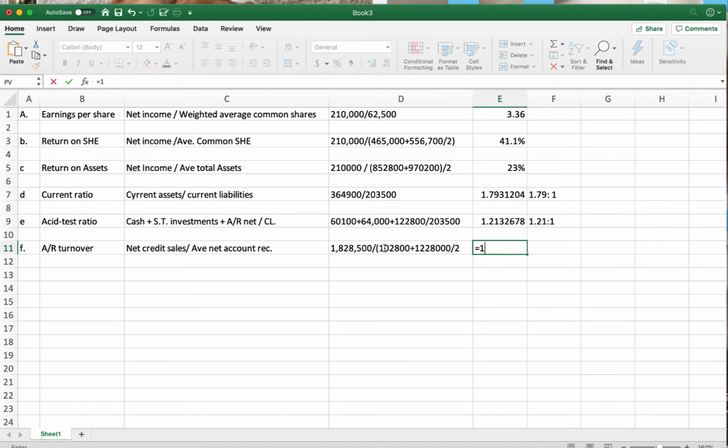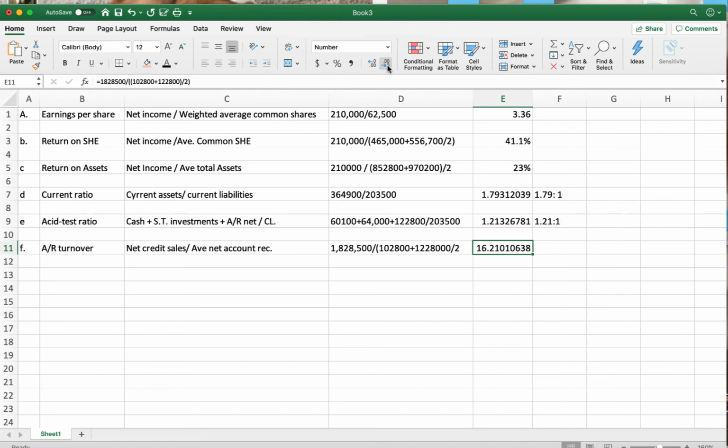So my net sales, 1,828,500 divided by open parentheses, then open parentheses again, 102,800 plus 122,800, close parentheses, divide by 2, close parentheses again, and I get 16.2.